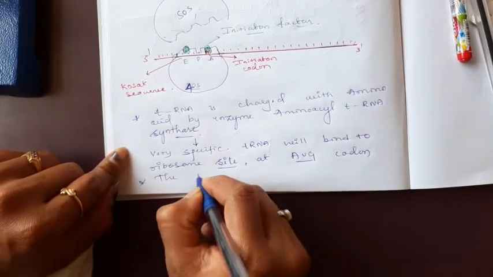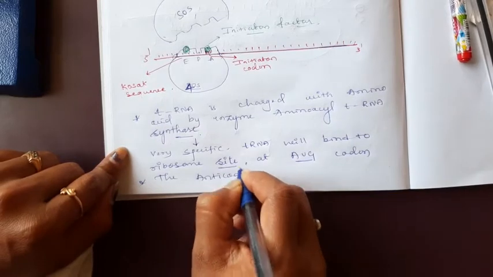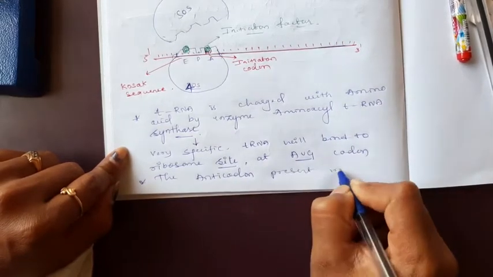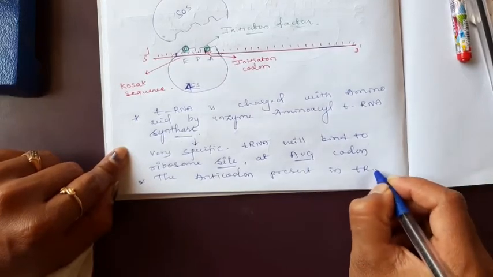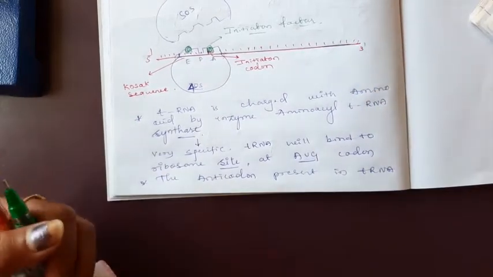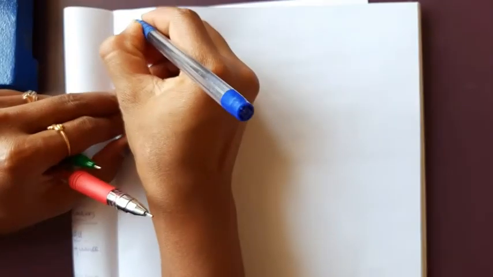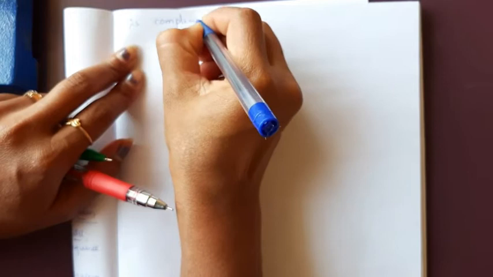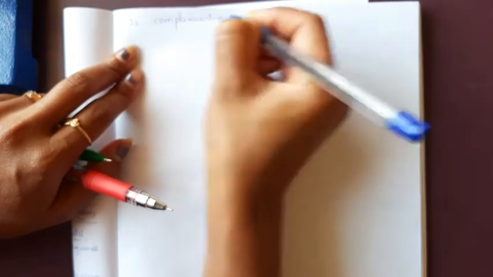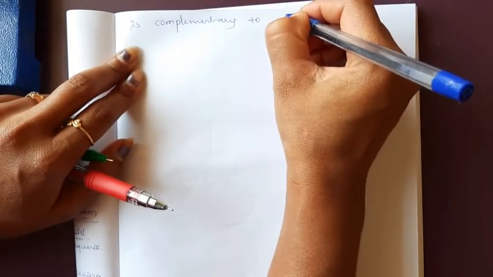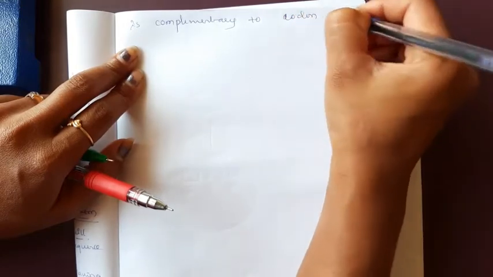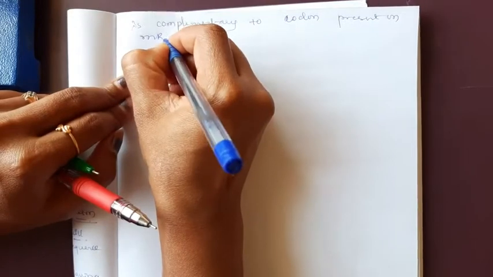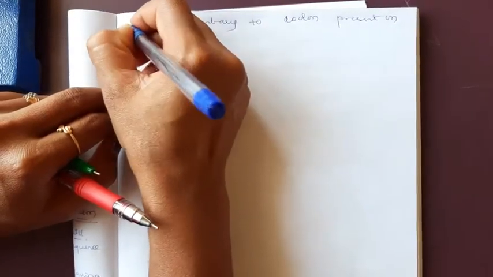The anticodon present in the tRNA is complementary to the codon present on the mRNA. Okay.